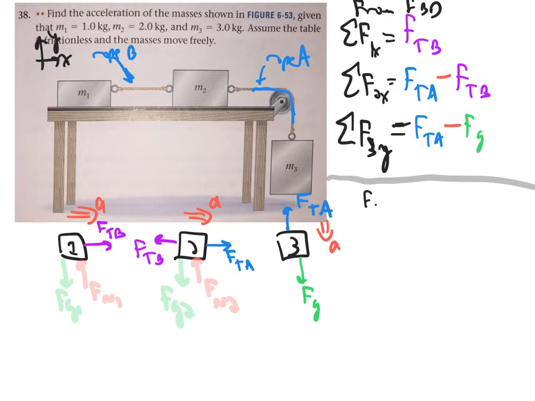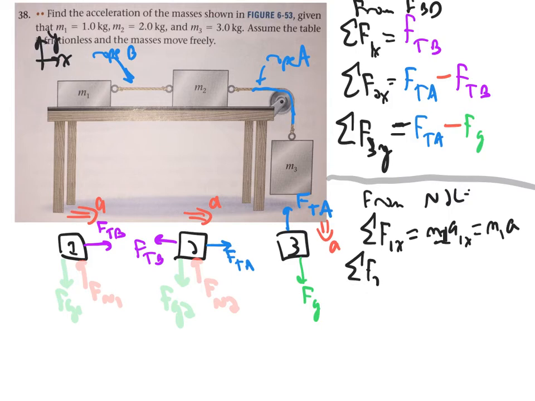All right, from Newton's second law, we have that the sum of the forces on 1 in the x direction is m1 times the acceleration in the x direction, or just m1a. And likewise, F2x is m2 times the acceleration of block 2 in the x direction, but that's also just m2a.